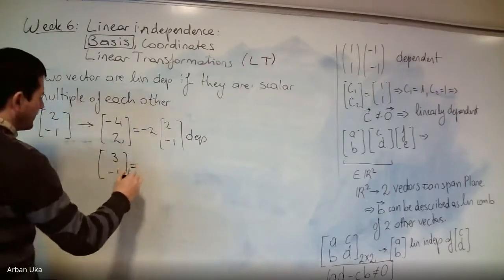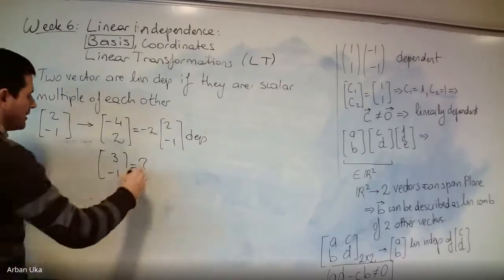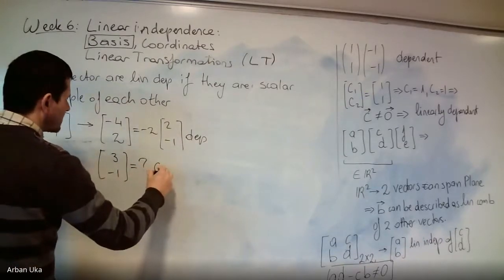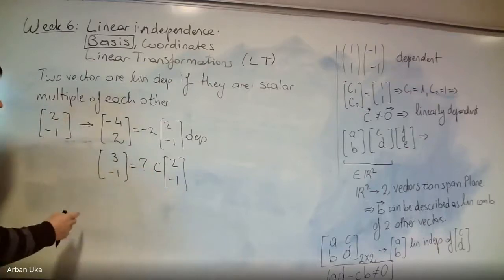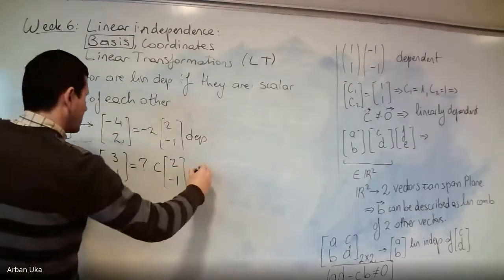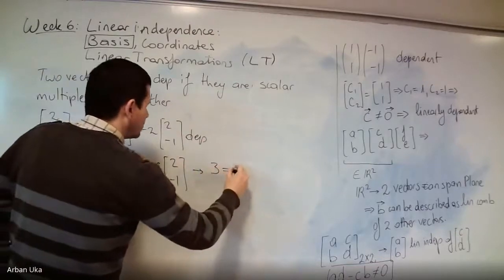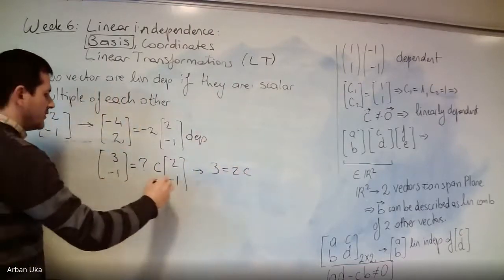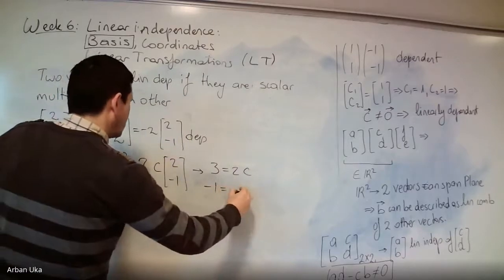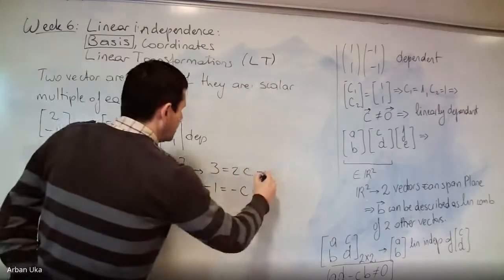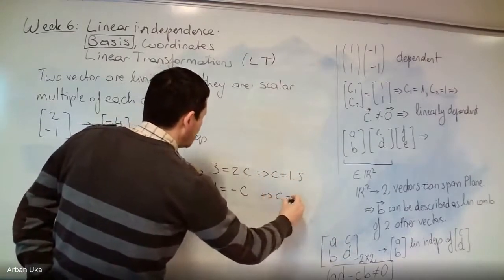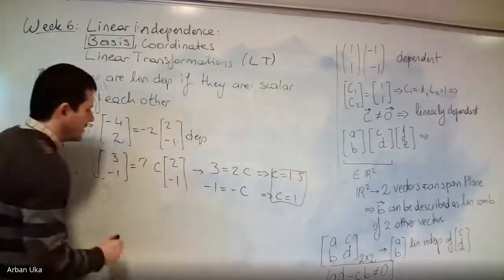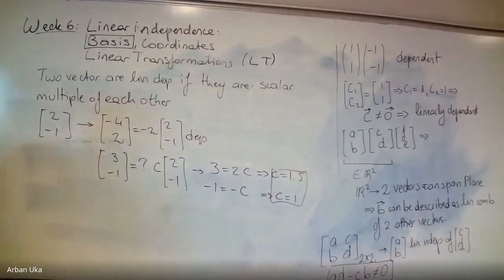We can check the following. Is this equal to a constant C times our vector? So this is a question, we have to think about this one. So we can check 3 is equal to 2C, and then minus 1 is equal to minus C. So from here, we get C is equal to 1.5, and from here, C is equal to 1. So it looks like these are not satisfied.